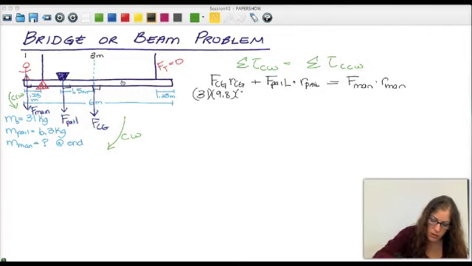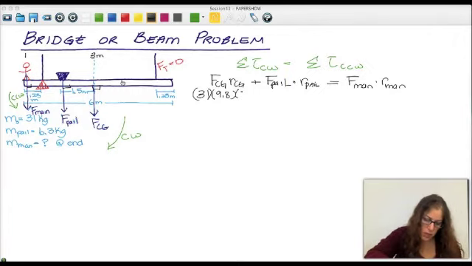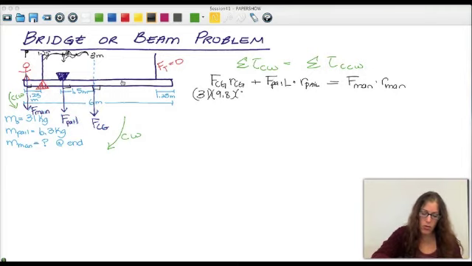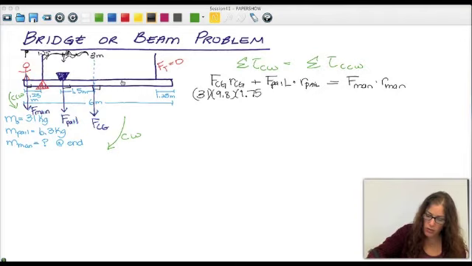If this is 0 and this is 3 meters, this is 1.5 meters, and this is 1.25 meters. So you can then figure out this distance between the center of gravity, this one, at the 1.25 meter mark to the 3 meter mark is 1.75 meters.